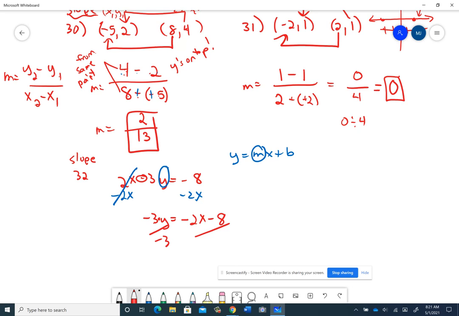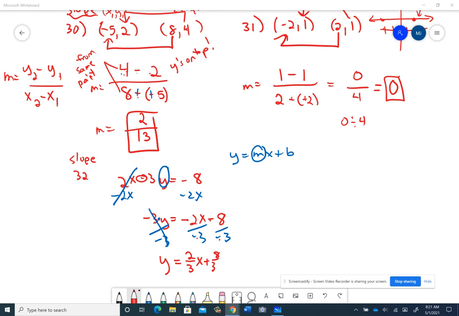Divide by negative 3 everywhere. Then this becomes y equals negative divided by negative is positive 2/3 x. Negative divided by negative is positive 8/3.